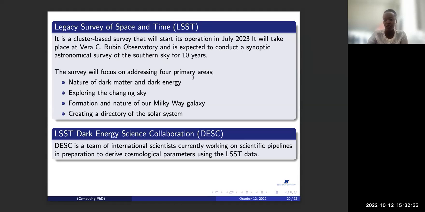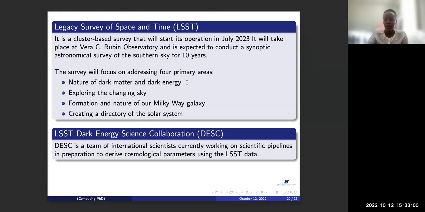If you remember, I mentioned earlier that the projection effect is where we include galaxy members along the line of sight as part of clusters. So if we go deeper, that systematic will be more dominant because we'll not be able to tell which galaxies belong to the clusters.